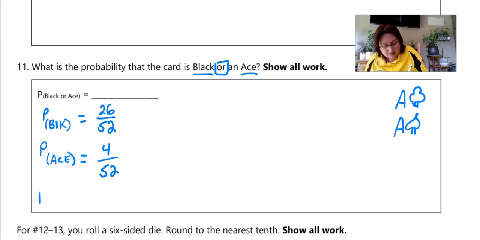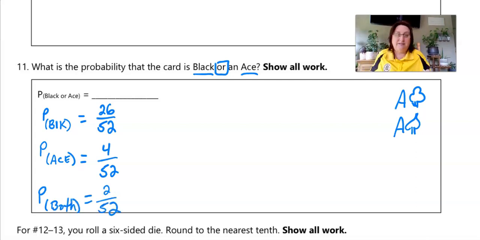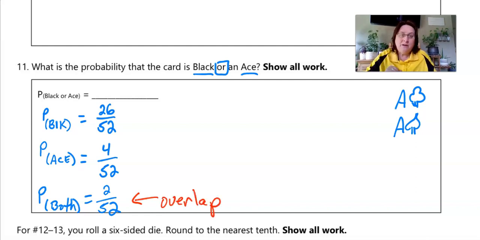Okay, so that means I need to find the probability of both. There are 2 aces that are also black. Now, the reason why I need that, ladies and gents, this right here is your overlap. Remember, we have to subtract the overlap because we don't want to count the probabilities twice.